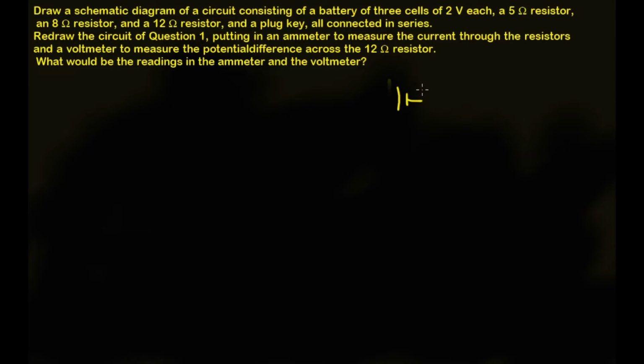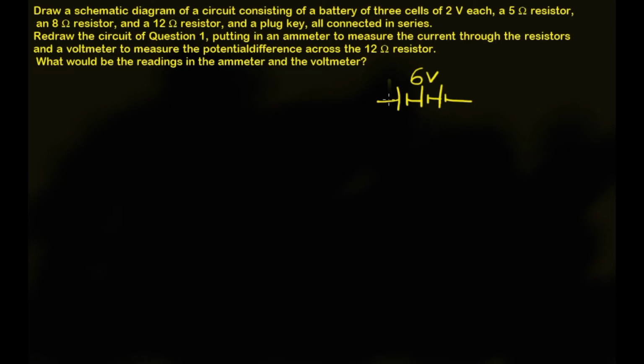The longer line is the positive of the cell and the shorter one is the negative, and the positive of a cell is connected to negative of the next one. So this is a battery of 3 cells with 2 volt each. So the total will be 6 volt.